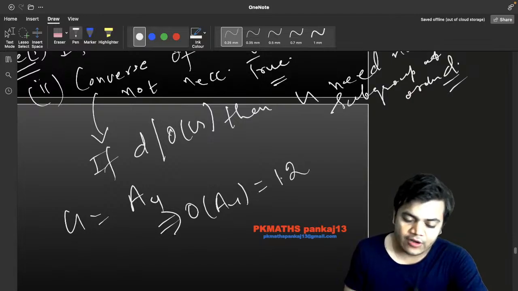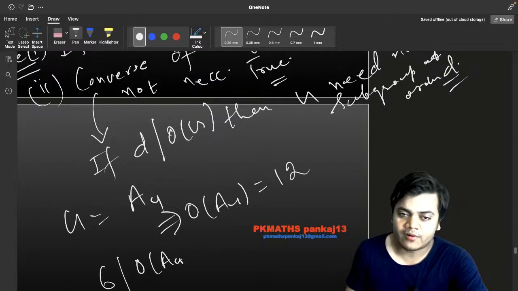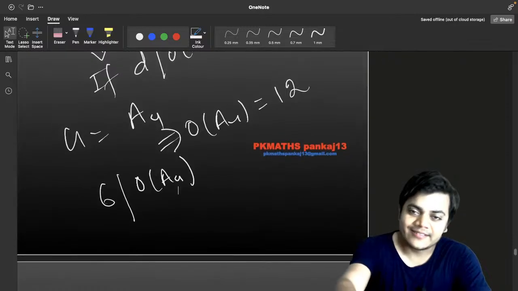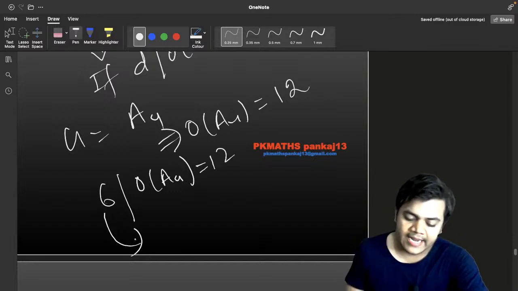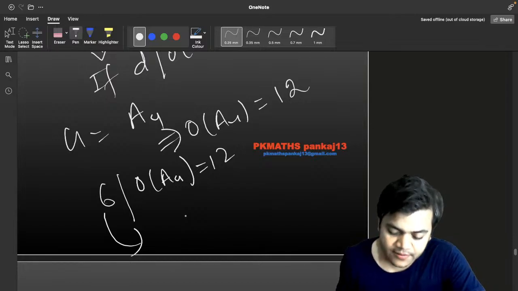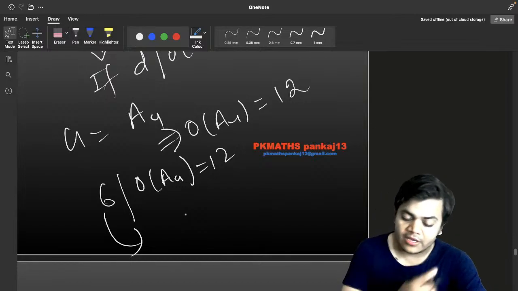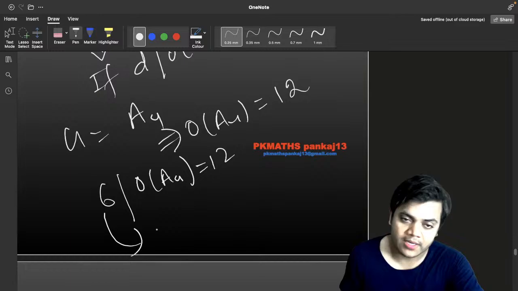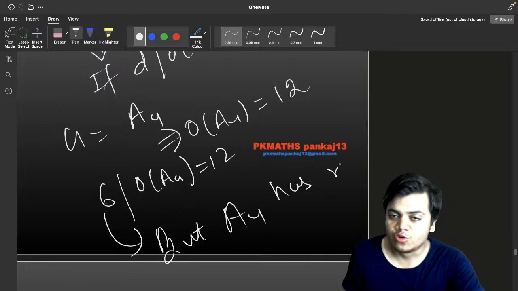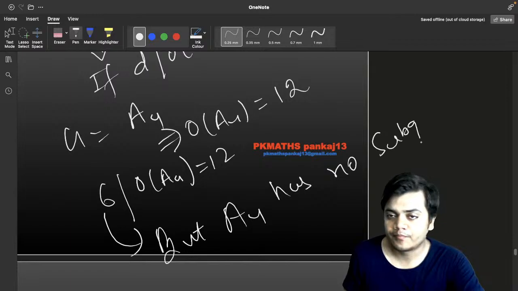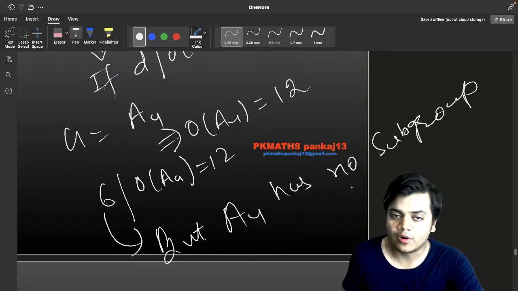And we know that 6 is going to divide the order of A4, because the order of A4 is 12. But we will show that A4 has no subgroup of order 6.